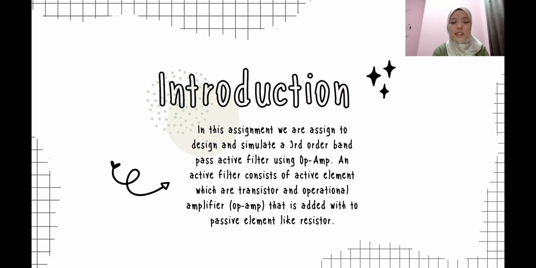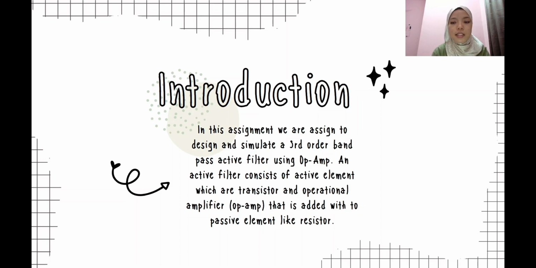So let's proceed to our introduction. For this assignment, we are assigned to design and simulate a third order band pass active filter using op-amp. An active filter consists of active elements, which are transistors and operational amplifiers, added to passive elements like resistors. A third order band pass active filter is a type of electronic circuit that permits a certain frequency range to pass while attenuating frequencies outside of the range.